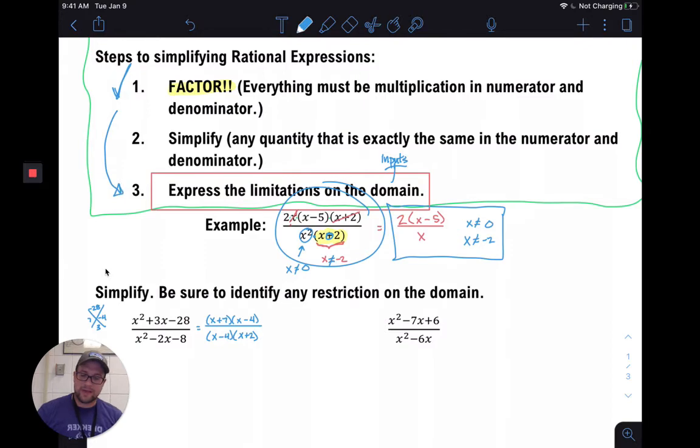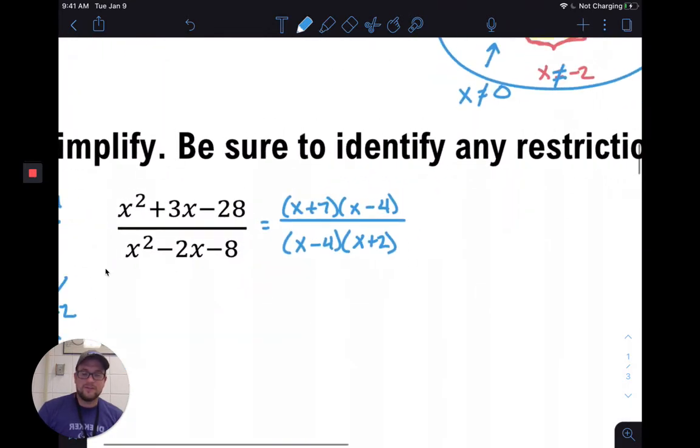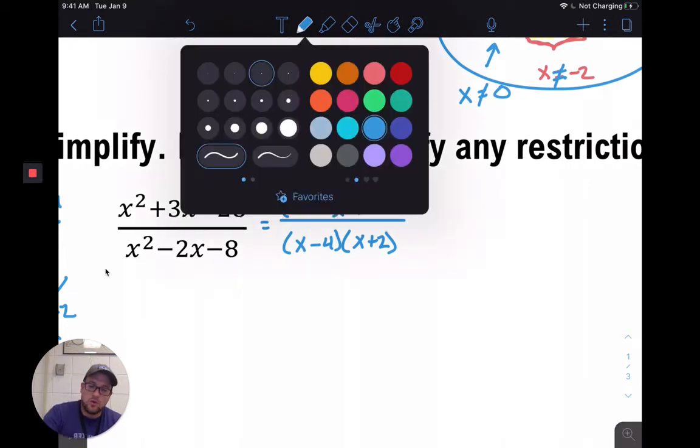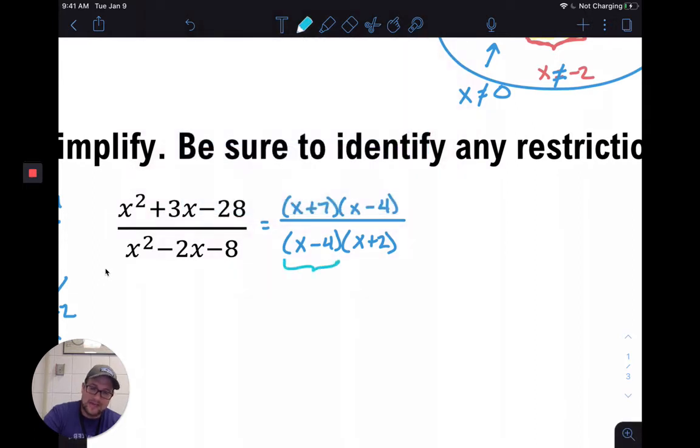The reason for that is because you always need to express any restrictions on your domain before you actually cancel out terms. So right here, I know that we cannot allow x to be equal to 4, because 4 would make that term equal to 0, which in turn would make the whole bottom equal to 0.